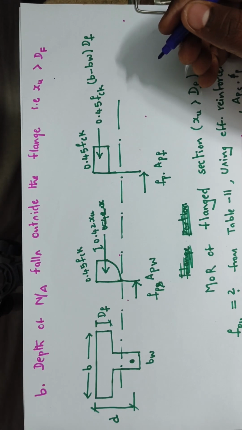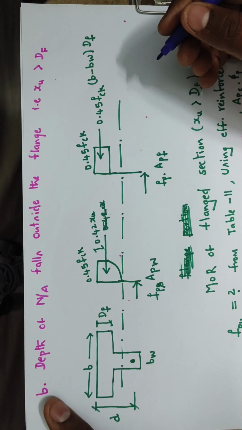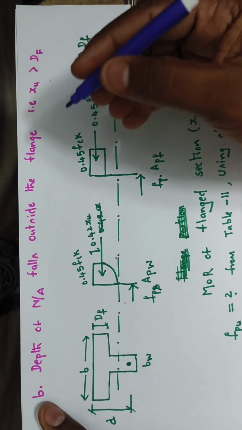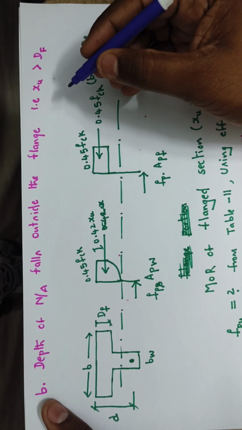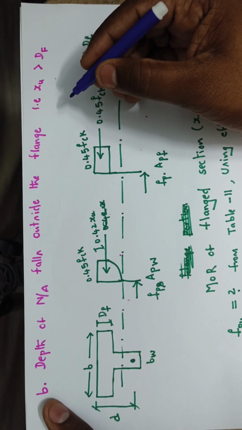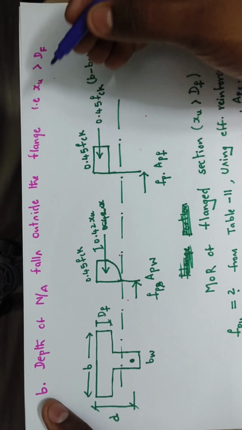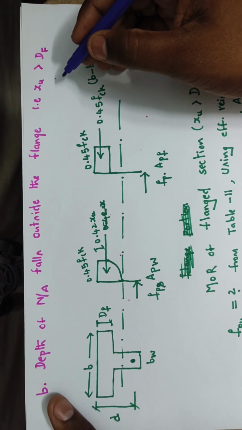Hi everyone. In earlier videos, we discussed the determination of ultimate flexure strength of rectangular sections and T sections in which the depth of neutral axis falls within the depth of the flange.